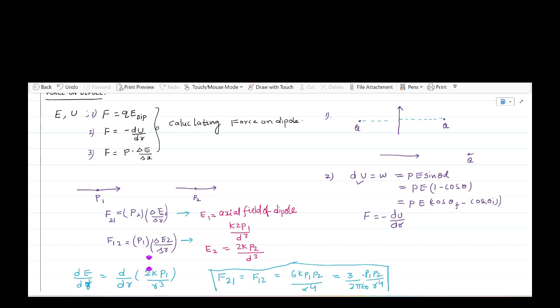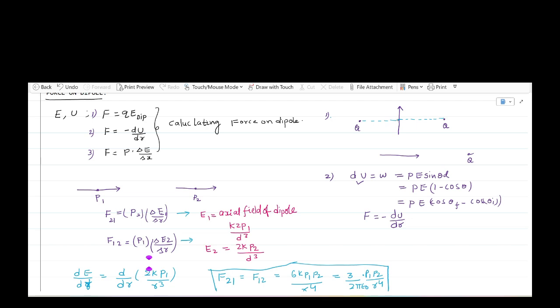Then the force on the dipole is equal to E into Q, where F equals Q into E of the dipole, not E of the Q. That is the field due to the dipole on Q, which means this Q is in the field of the dipole. Therefore, the force on the dipole by the charge Q and the force on the charge Q by the dipole are both equal.